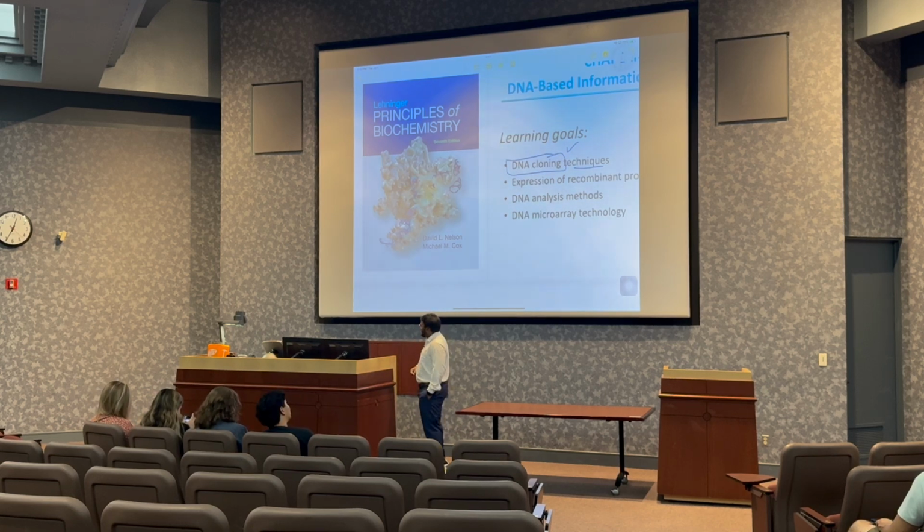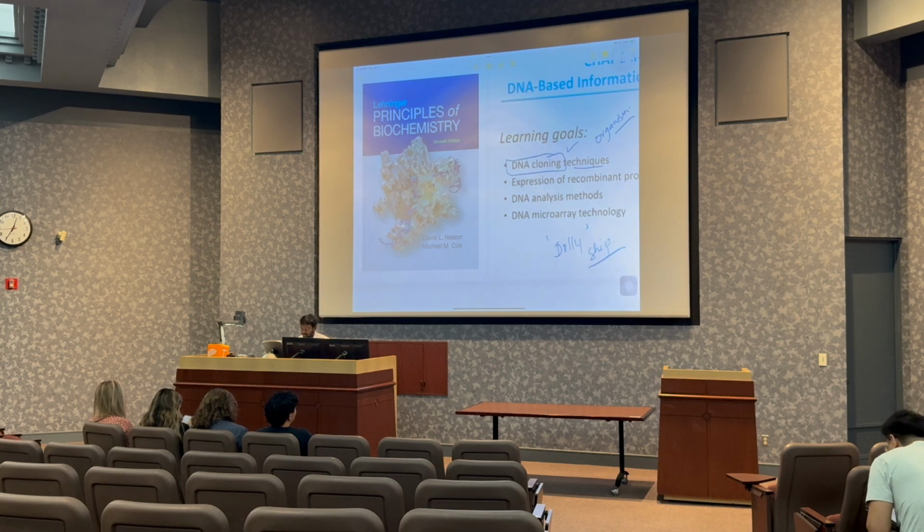Okay, so yeah, DNA based information technologies include DNA cloning, maybe cloning of an entire human being or entire organism. Organism cloning is already available, like Dolly. You remember Dolly the sheep? The first clone. So Dolly the sheep was cloned for the first time, like an entire clone.